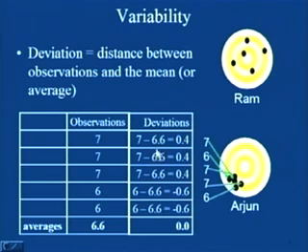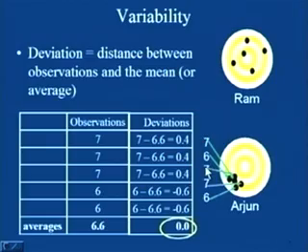The sum of the deviation is the algebraic sum of the deviations, and that is coming 0.0. So, what is the difference? Ram has different observations, Arjun has different observations, and the deviation is coming the same. So, this shows that deviation is not the right way to distinguish between the output of Ram and Arjun.